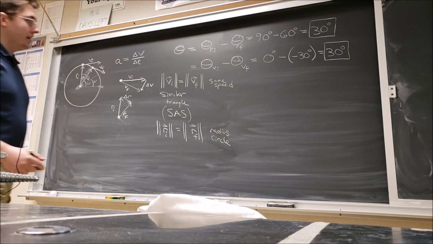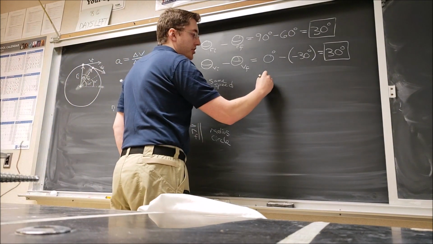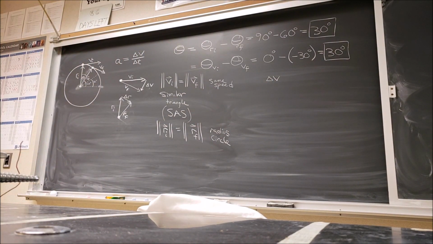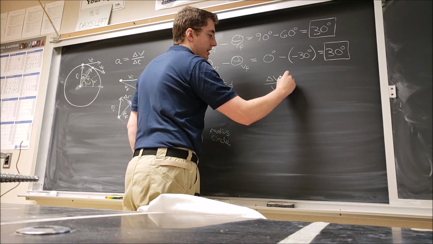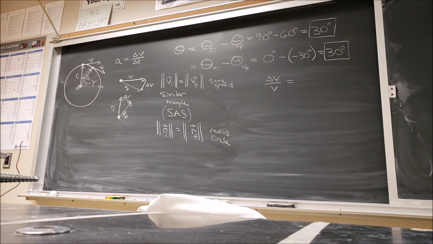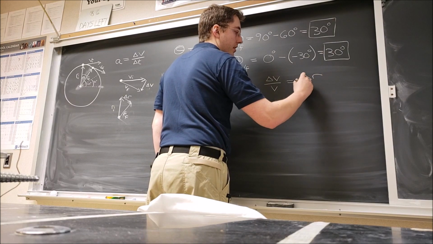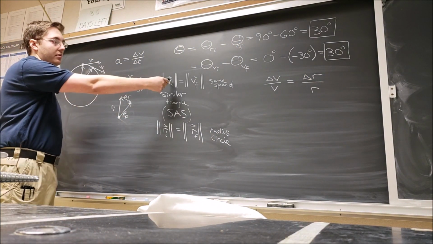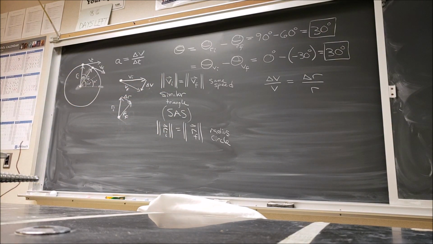So we can say that this change in v, and these are all vectors, over v is equal to change in r over r. Because we said that the initial and the final were pretty much the same for r and v. So we can rewrite it simply like that.